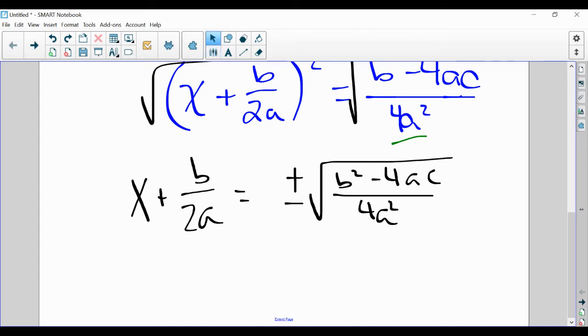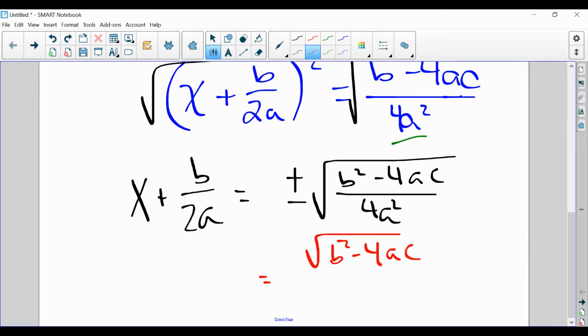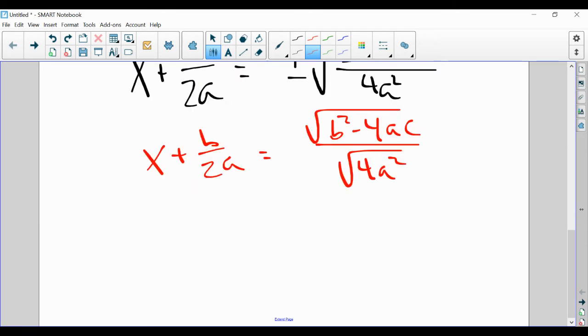Okay, so maybe instead of taking the square root of the whole thing, what might make more sense is taking the square root of the top, b squared minus 4ac, over the square root of the bottom, 4a squared. And of course, that is still equal to x plus b over 2a.